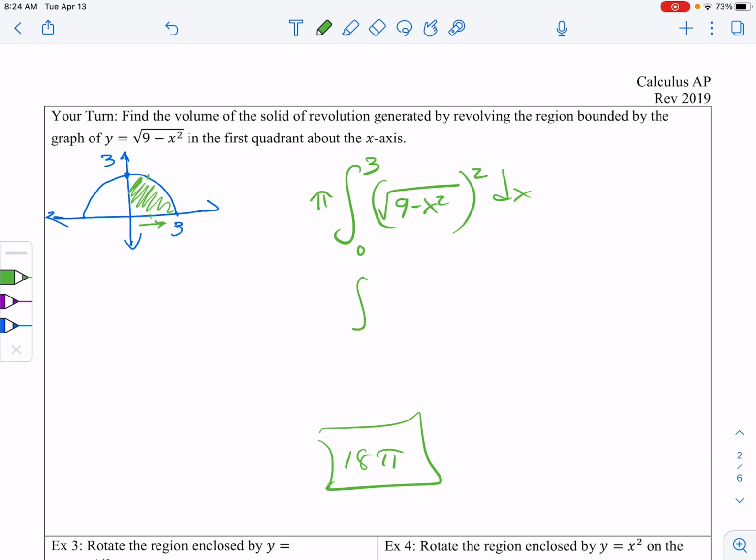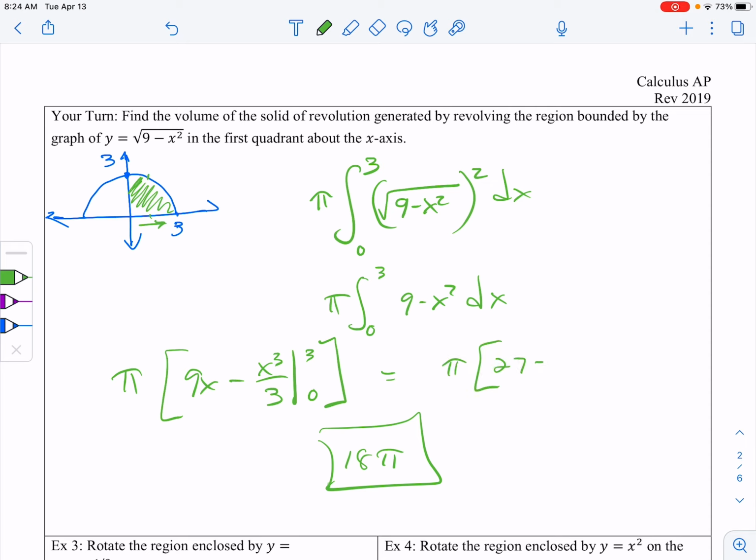So now you're going to integrate from 0 to 3 of 9 minus x squared, which is pi times 9x minus x cubed over 3, evaluated from 3 and 0. You put in 3, you get pi times 27 minus 9, and you get 18 pi.